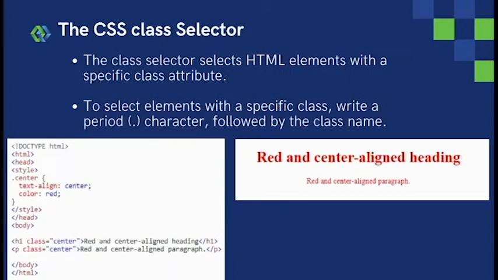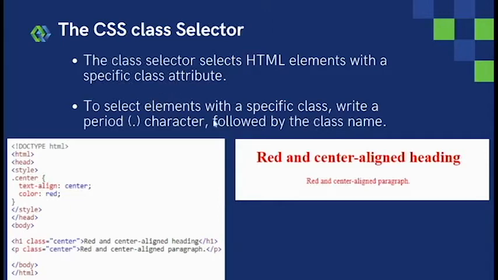Next we have the CSS class selector. So if before it was the ID, now it is the class selector. The class selector selects HTML elements with a specific class attribute.